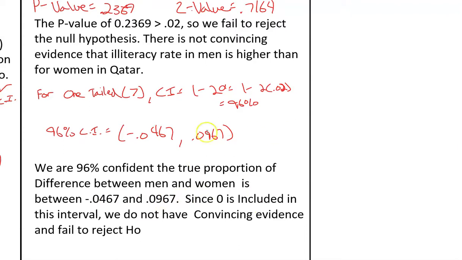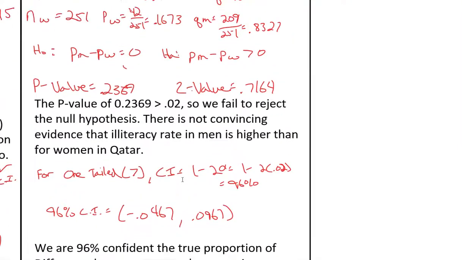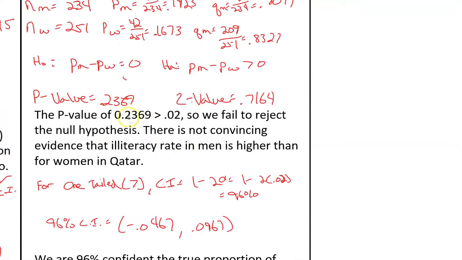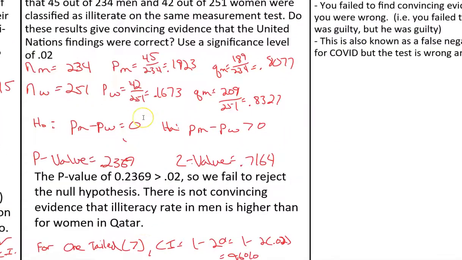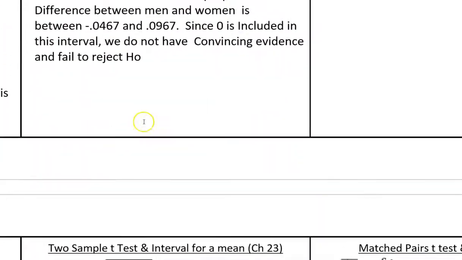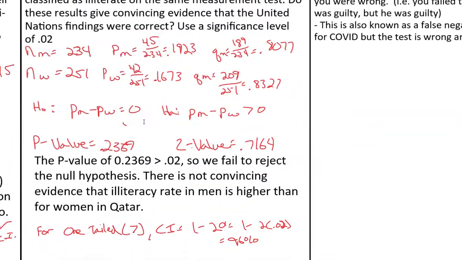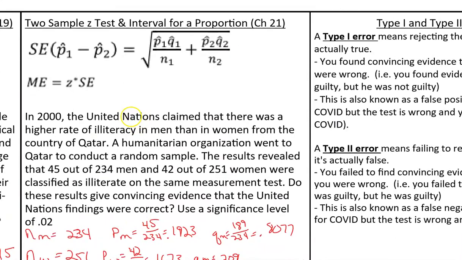Since 0 is included in there, we do not have convincing evidence and we fail to reject H0. This matches the conclusion we came to with the p-value and z-value, which means we came to a good conclusion. They should always match if we did our math right. All right, so that is a two-sample z-test for a proportion problem.